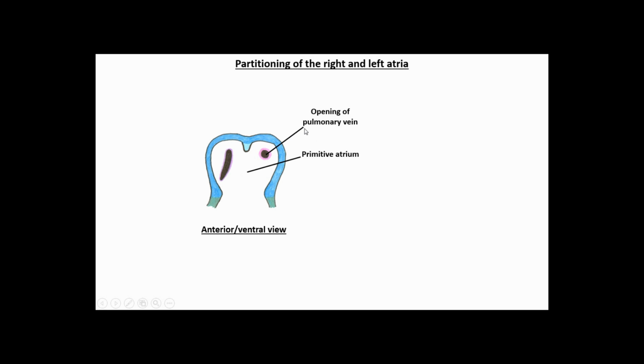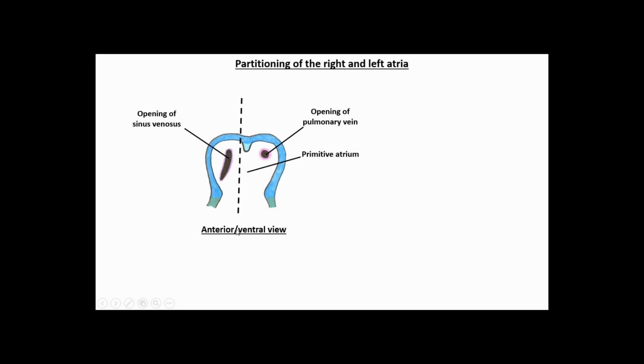On the left side, the pulmonary veins have at this point merged and fused with each other and are opening into the primitive heart. So the blood from the developing lungs is entering the heart in the primitive atrium. Likewise, our sinus venosus in purple is also dumping into the atrium, preferentially on the right side of it. And that's going to be important as development proceeds.